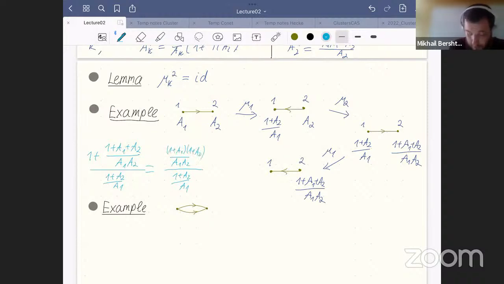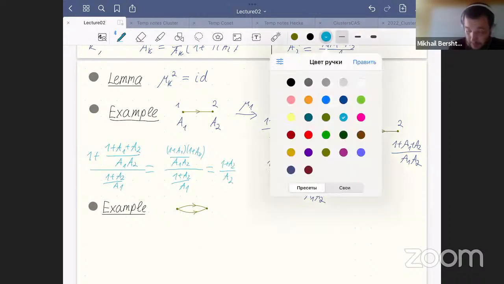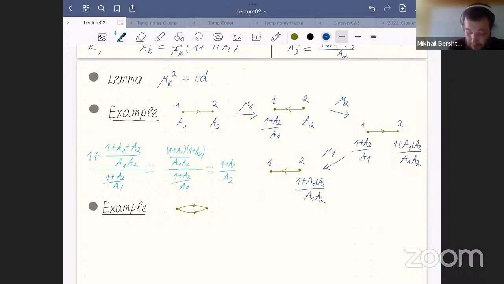So this is some sort of good news. The final answer is simpler than it maybe expected from the first glance. We get 1 plus A1 over A2. So this is a term like we had before, but now A1 and A2 changed.